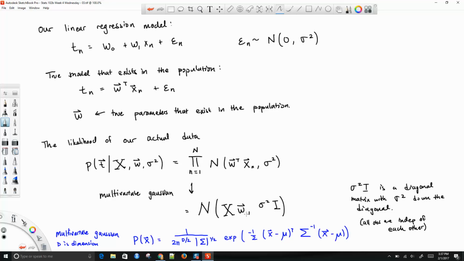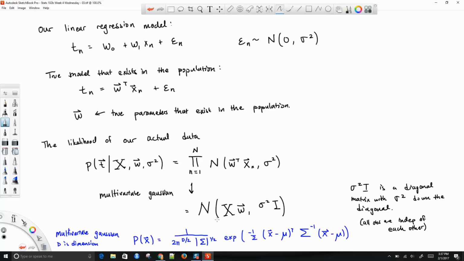For the denominator at the very front of the multivariate Gaussian, is that just the square root of the element of the covariance? If you have a diagonal matrix, yes. And what if it's not that? Then I don't know. It's a lot harder. It's a square matrix, right?